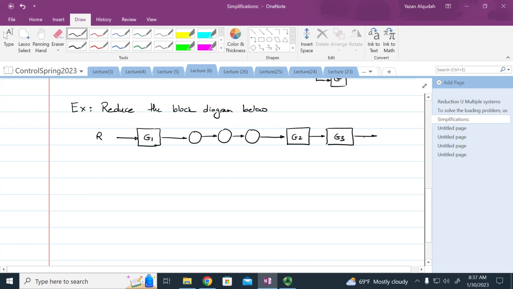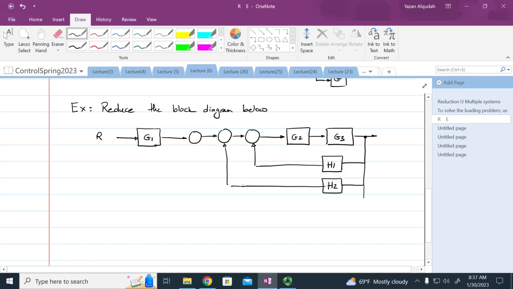And we have 3 feedback loops. This is the first loop, H1. Another loop, H2. And a third loop, H3.